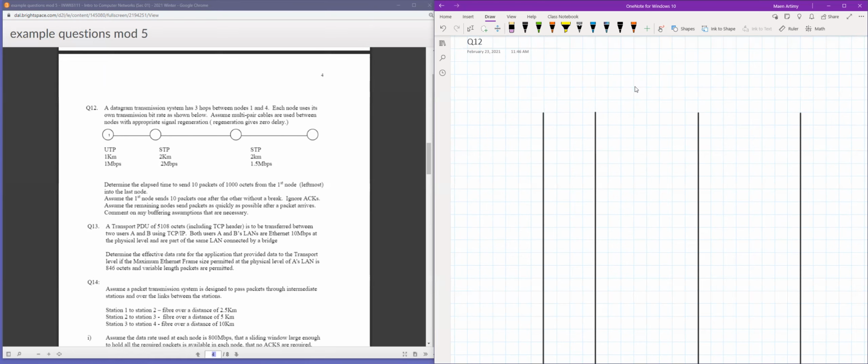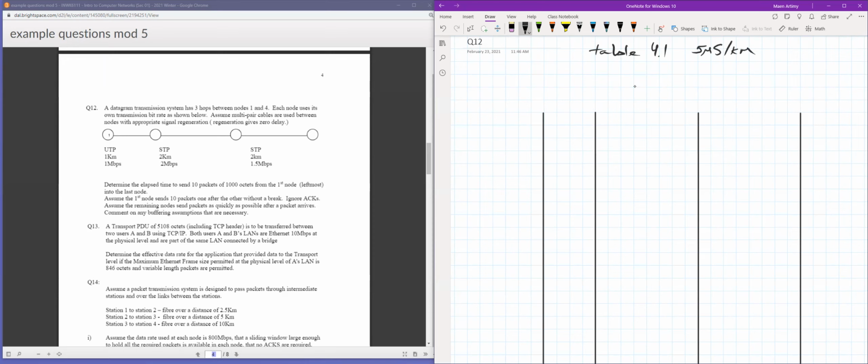So before I start, I need to find out the propagation time and the frame transmission time for each one of these nodes, each one of these hubs. So from table 4.1, we can find that the propagation time for twisted pair is about 5 microseconds per kilometer.